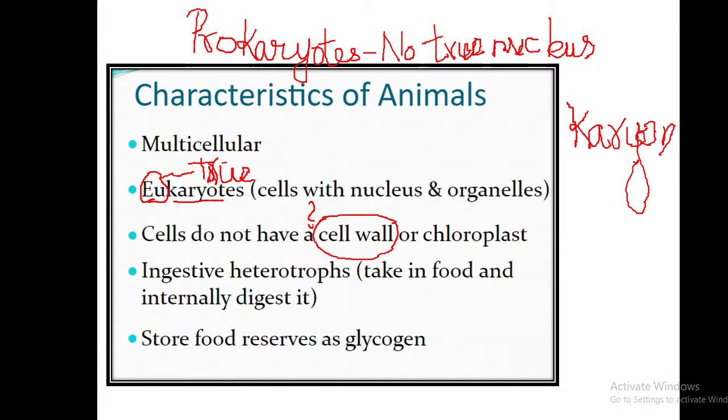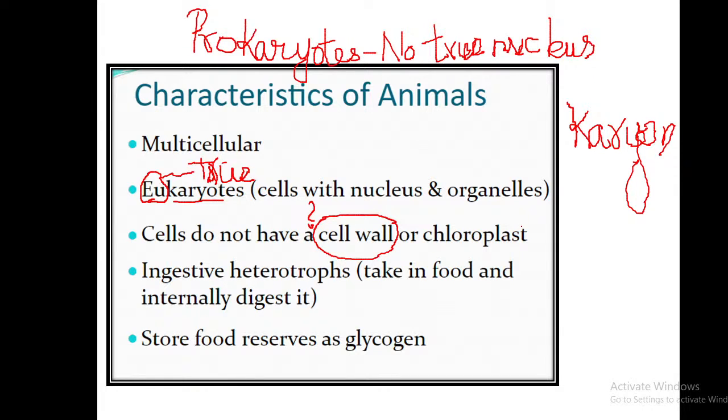Cell wall is the characteristic of dash, or it is a unique feature of dash. Yes, good. Cell wall is the unique feature of plants.